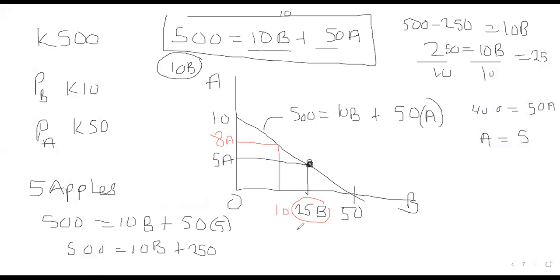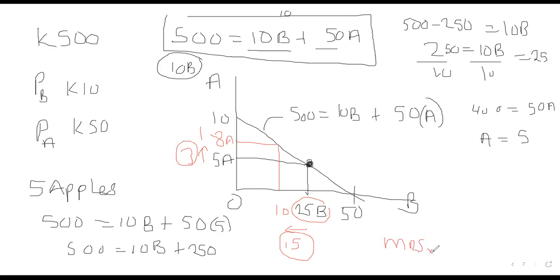So the 15 that we are foregoing is helping us assume 3 more apples. So this is called opportunity cost. It's a trade-off. We're trading off 15 bananas for 3 extra apples. So the marginal rate of substitution measures how many units of one product you can forego for the other.